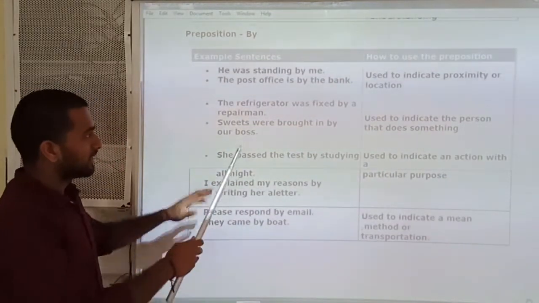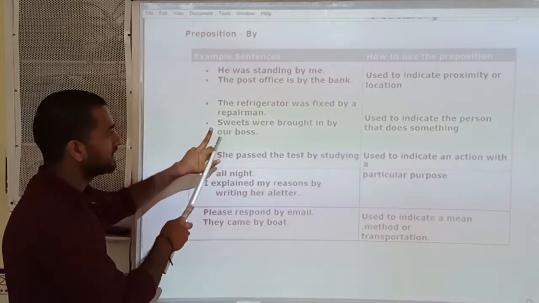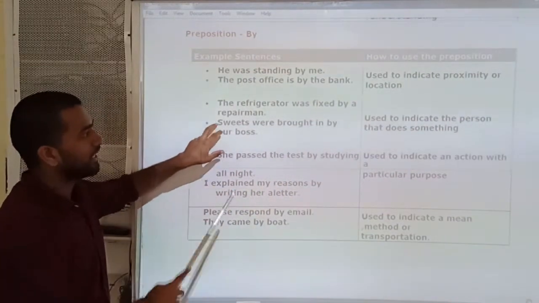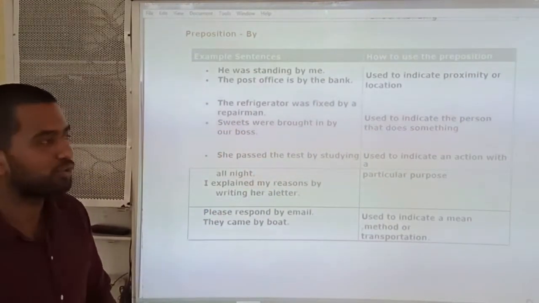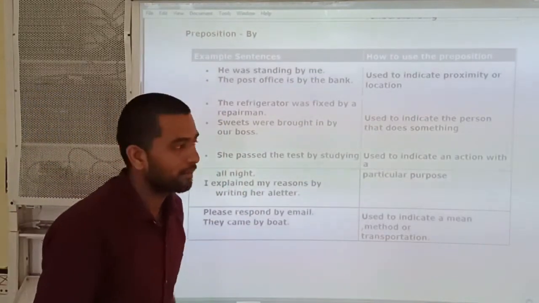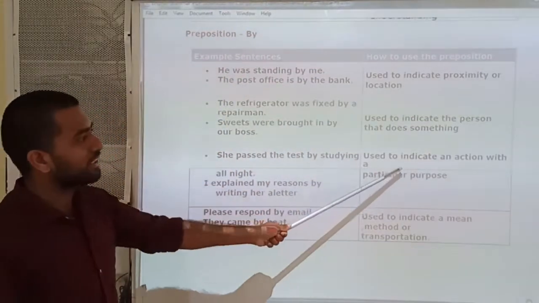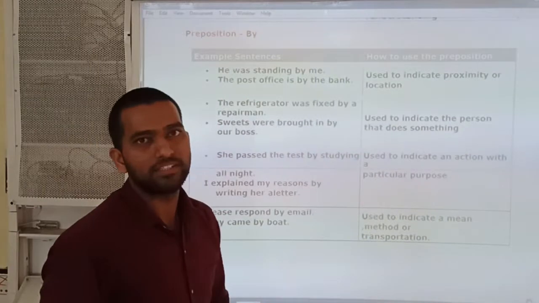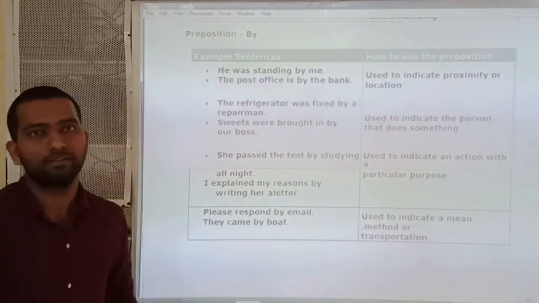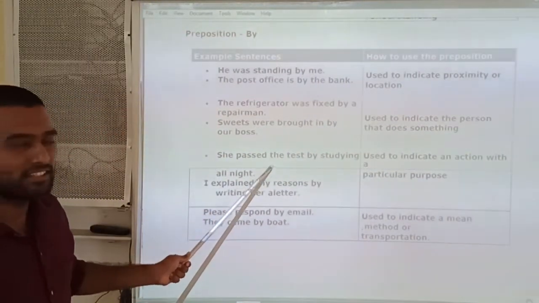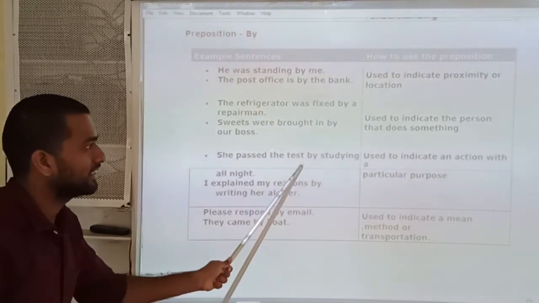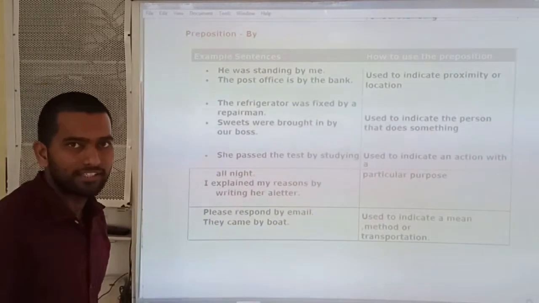Our boss. Work was done by someone. To indicate these types of situations, we use the preposition by. Next, by is used to indicate an action with a particular purpose. See this example: she passed the test by studying all night.